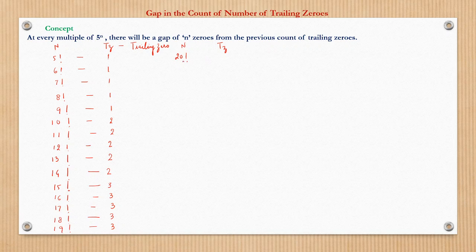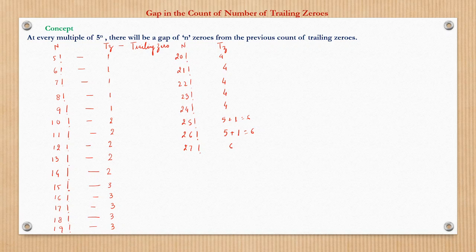So 20 factorial, 20 by 5 is 4, it will be 4. 21 will be 4, 22 factorial will be 4, 23 factorial again 4, 24 factorial 4. 25 factorial: 25 by 5 is 5, plus 5 again can be divided by 5 to give 1 as quotient, so it is 6, right? 26 will also be the same: 26 by 5 gives 5 as quotient, and then 5 by 5 gives 1 as quotient, so 6.